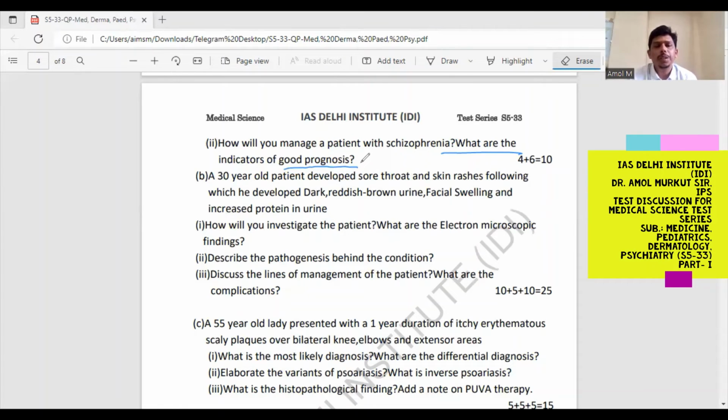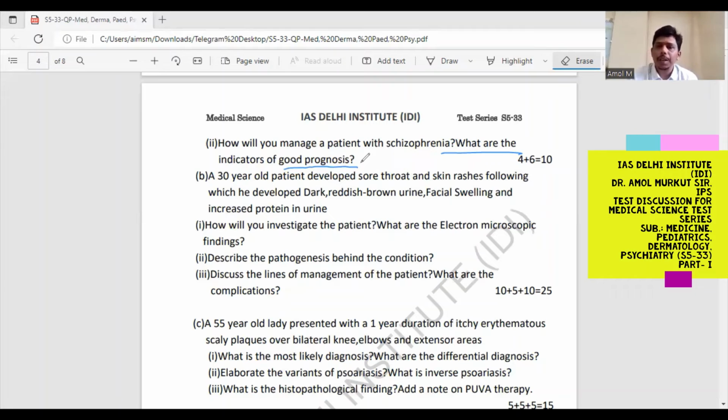So you have to use drugs. How will you manage the patient of schizophrenia? You will use antipsychotics, typical and atypical antipsychotics. Then this is pharmacological. Then family support, good nutrition, and management are also important factors.